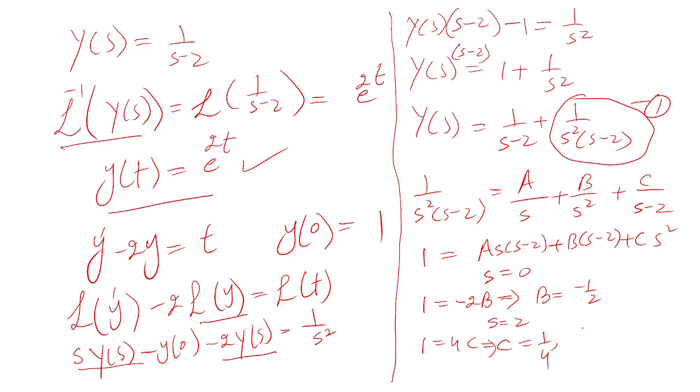So the s square coefficient is a plus b on the right side, and on the left side it is 0. But we know b is minus 1 by 2, so that means a is equal to 1 by 2.